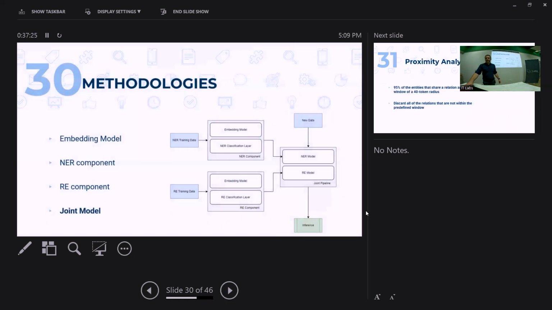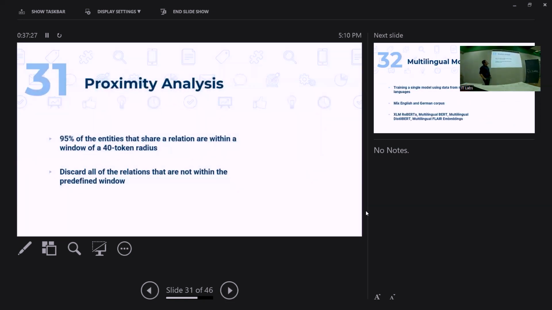Another thing that we noticed is that 95% of the entities that share a relation are within a window of 40 token radius. So this is a little bit of statistics. We thought that this could help the decision process. When the person mentions, let's say, a rating for a given company, the target price is somewhere near.